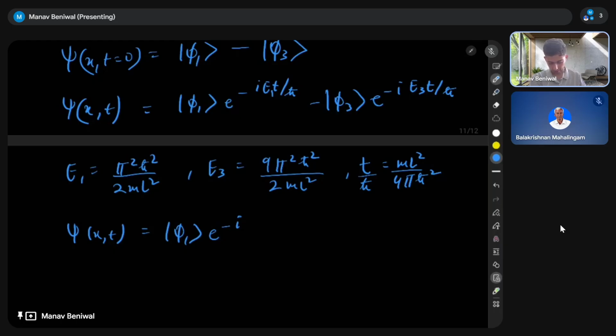So what we will be left with is e to the minus iota pi by 8, and for the other term we will be left with e to the minus iota 9 pi by 8.